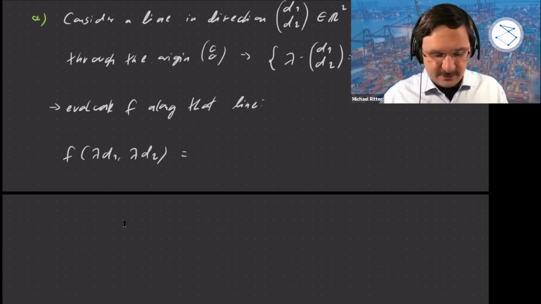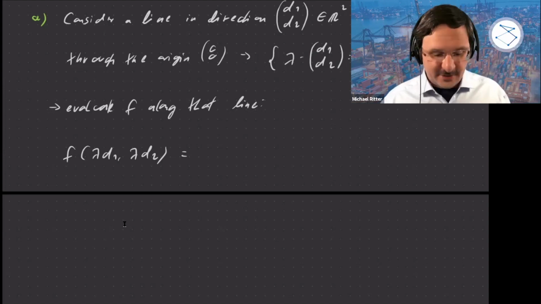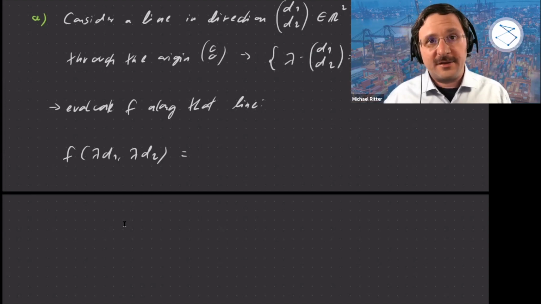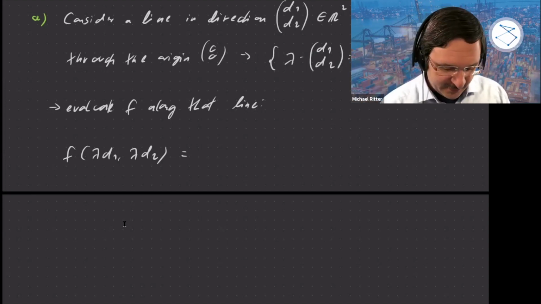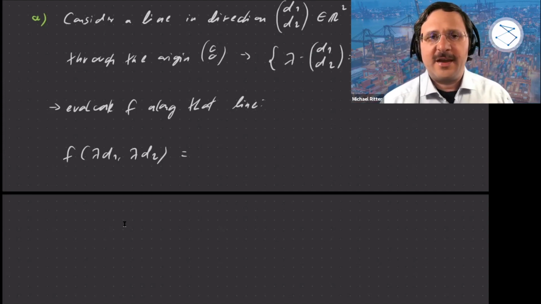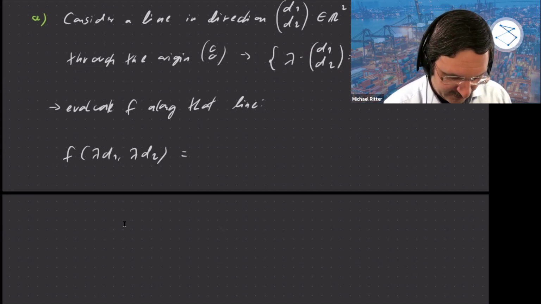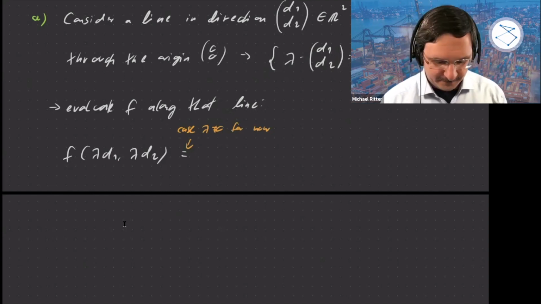Of course, if lambda is 0, then we have f of 0, 0. Nothing changes then. If lambda is not 0, then as d is not 0, at least one of these coordinates is not 0. So we'll only consider the case that lambda is not 0 for now, just to make notation a little more concise. We'll add the remaining case later on.